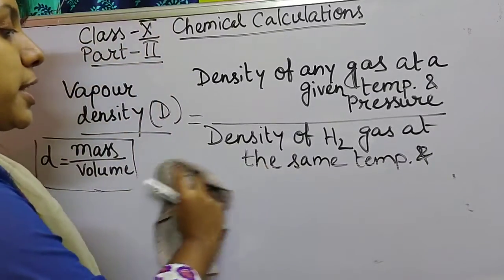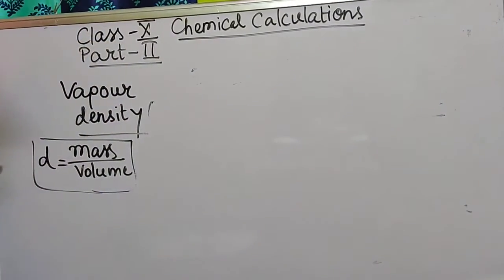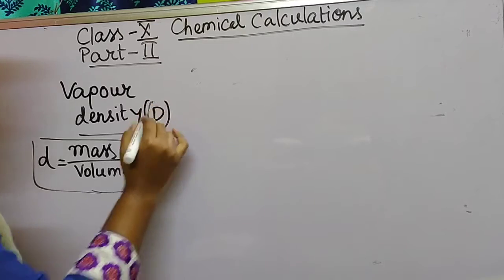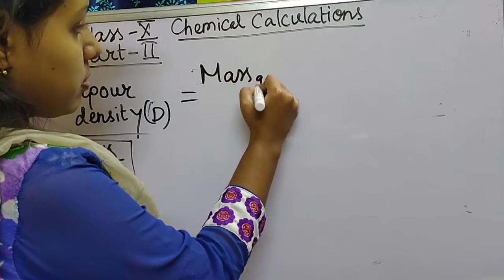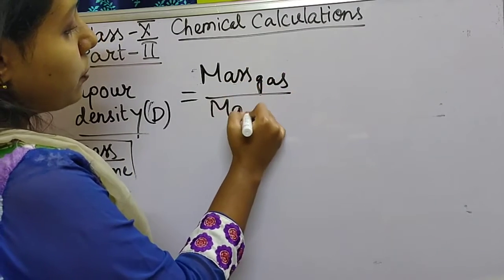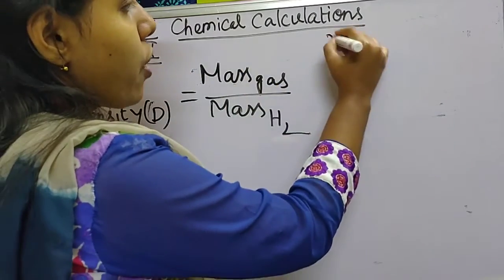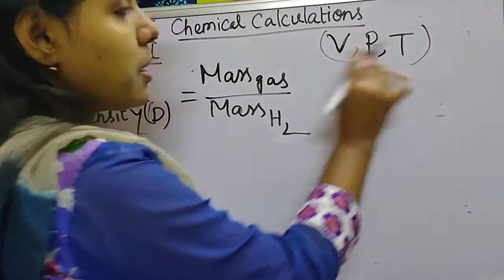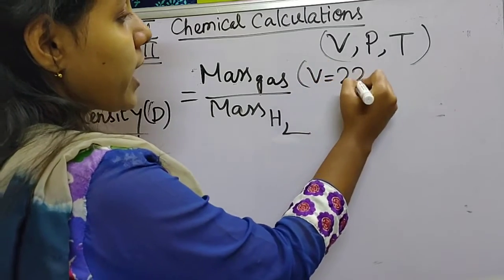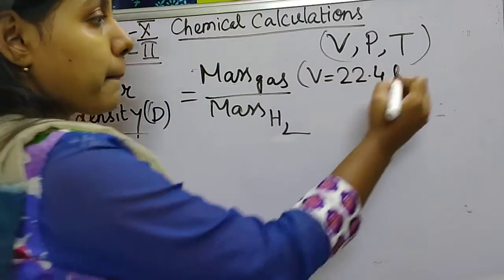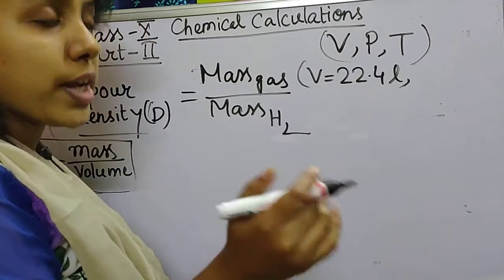Suppose the volume for both of them is taken as 22.4 liter, and pressure and temperature are taken as per conditions of STP.